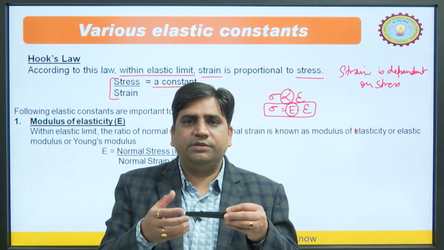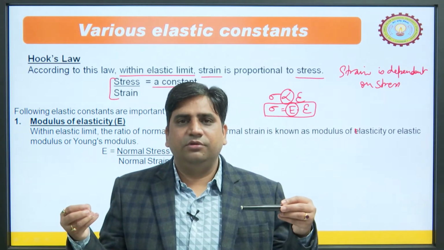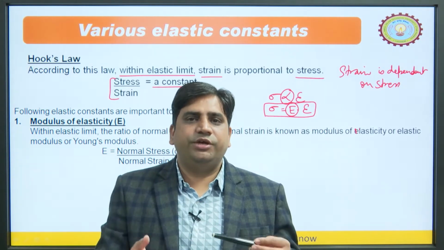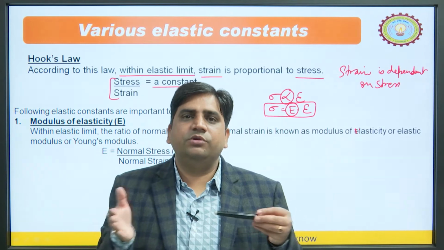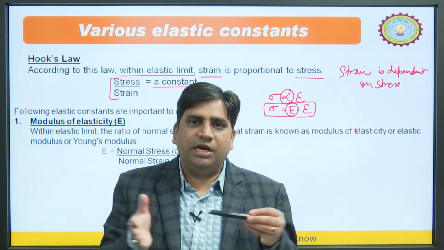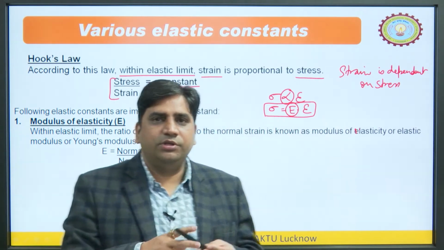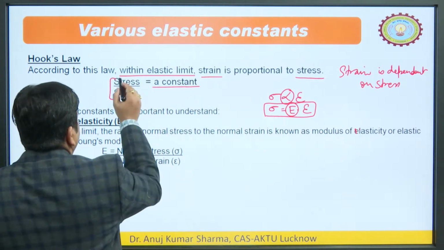But sometimes, if we stretch it more, up to a longer distance, what happens? It loses its shape, it does not come back to the original shape or original length. That is the plastic deformation. We are talking about within the elastic limit.